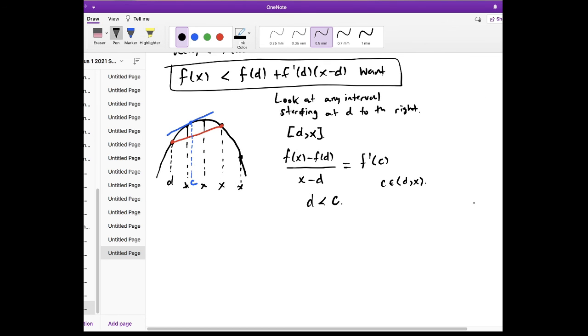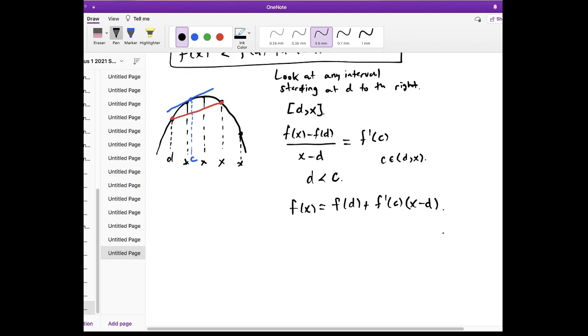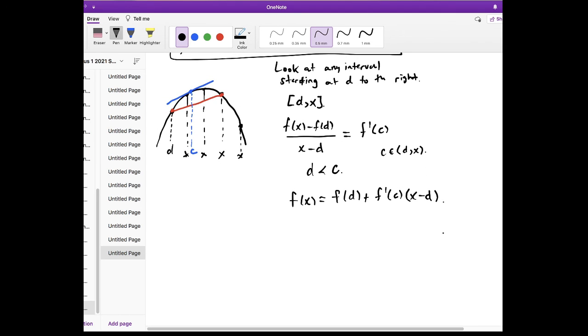Okay, so let's change this up to make it look similar to something we might want. f of x equals f of d plus f prime of c times (x minus d). Okay, so let's compare everything we have.